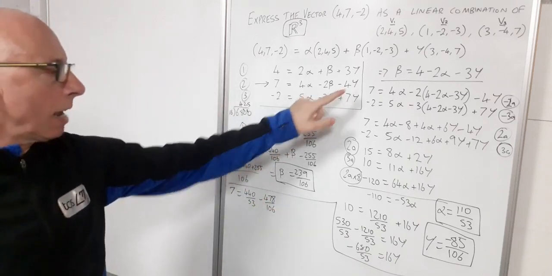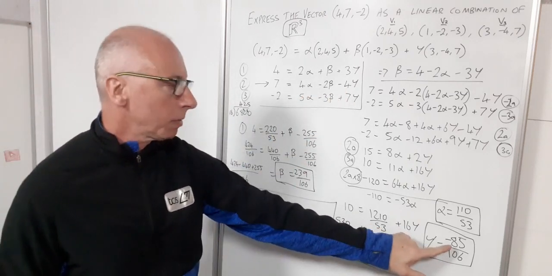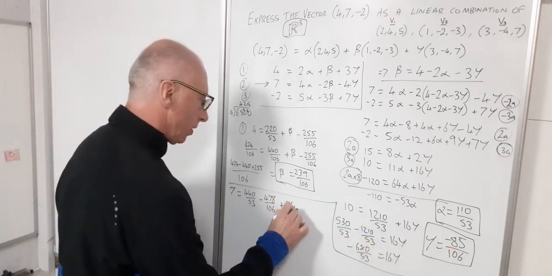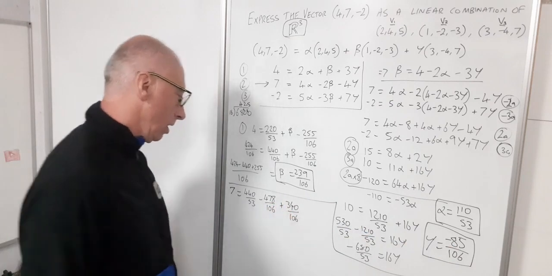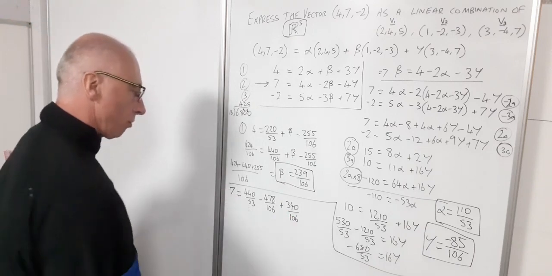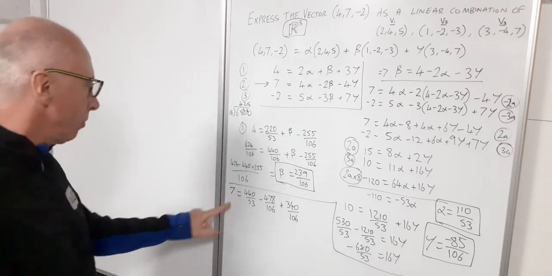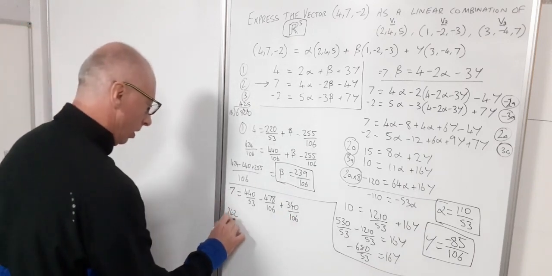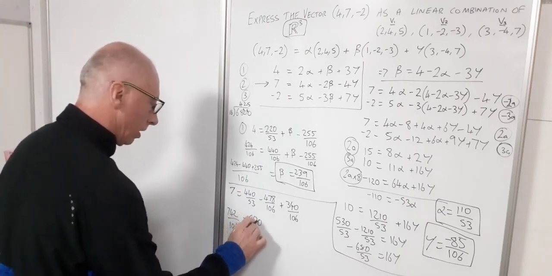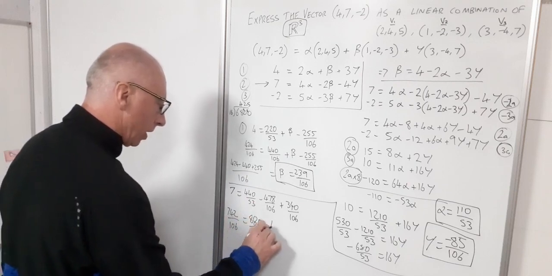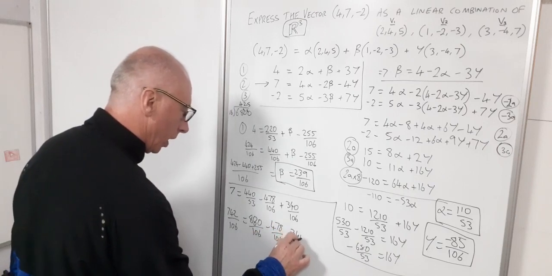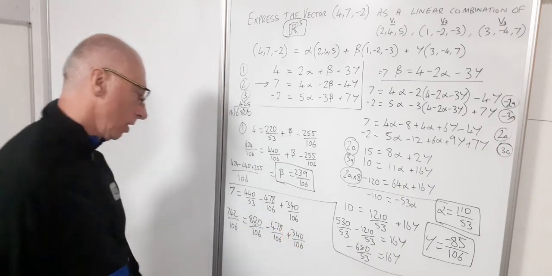And then minus 4 gamma, so minus 4 times minus 85 is plus 340, over 106. Let's get everything over 106. 7 times 106 is 742, over 106, equals 880 over 106 minus 478 over 106 plus 340 over 106.